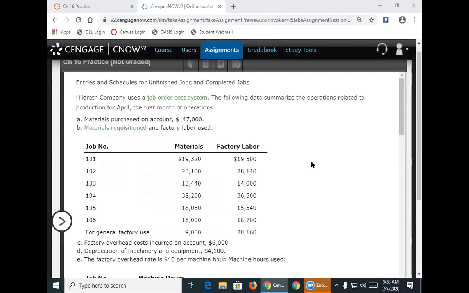We have materials, work in process, and finished goods. Let's see. We also have cost of goods sold.